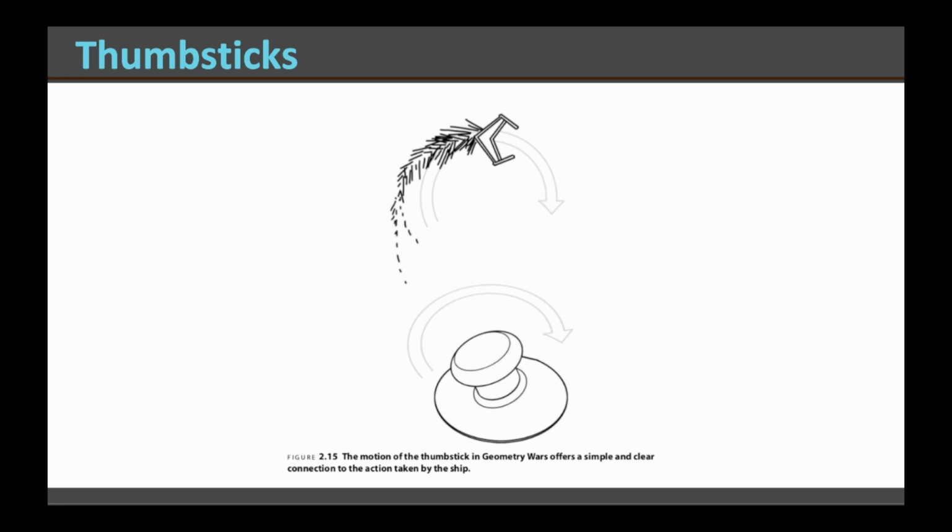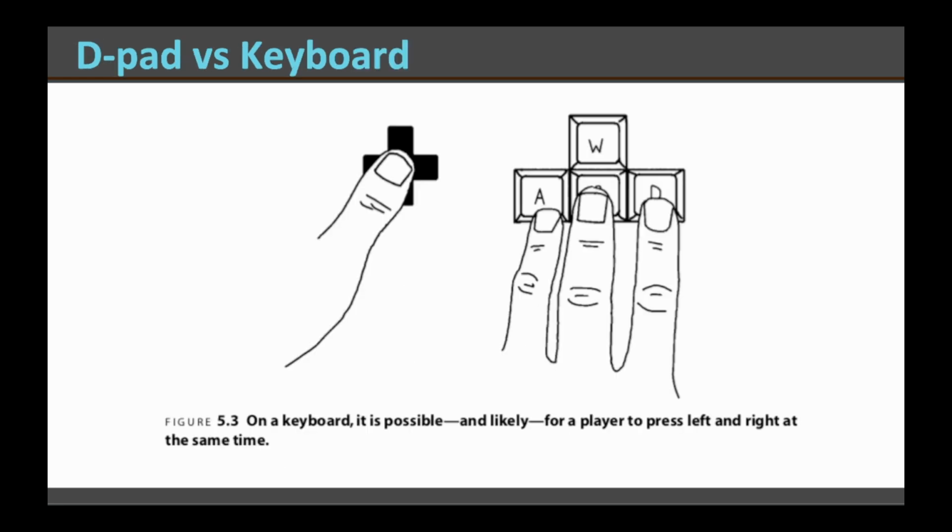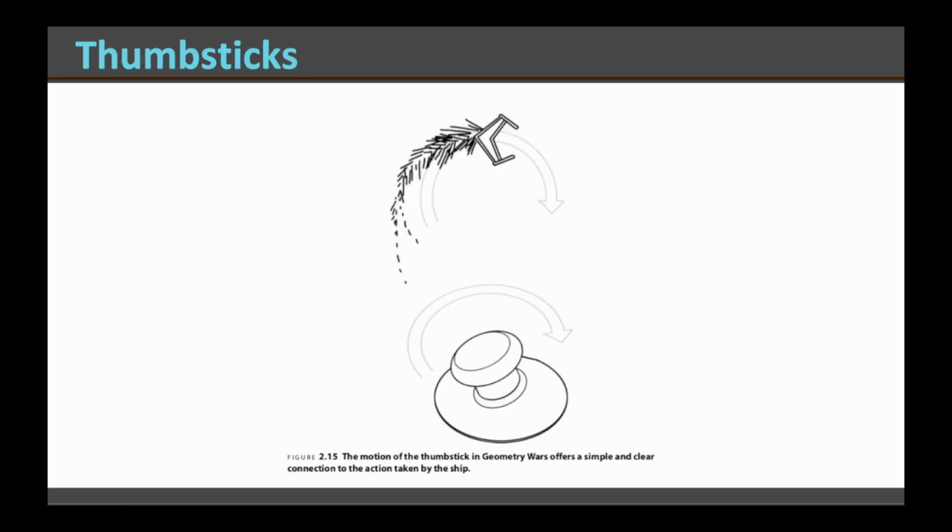They have more movement. So here we have 4 buttons, right? 4 zeros and ones, either up or down. So that's 4 bits of information. Here, with thumbsticks, we actually have a continuous circle where you can be, with a decimal, any point from -1 to 1, -1 to 1 in a circle, right?